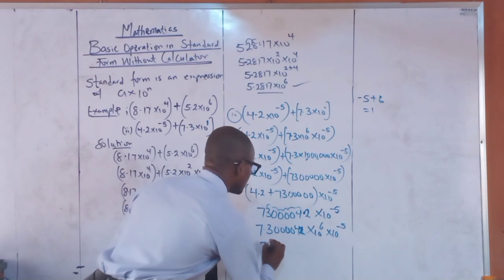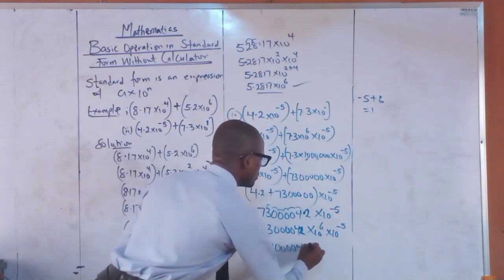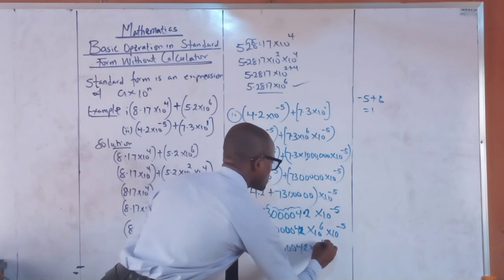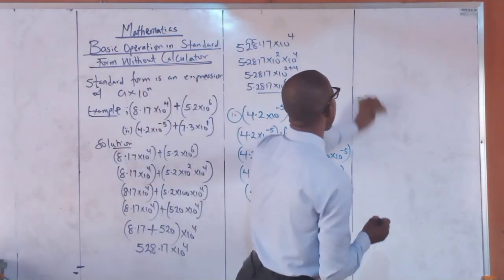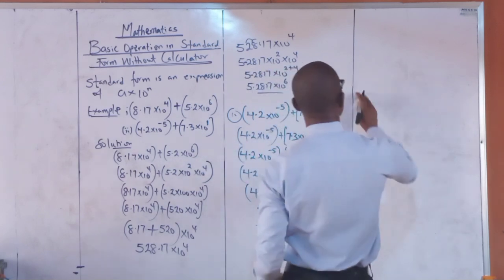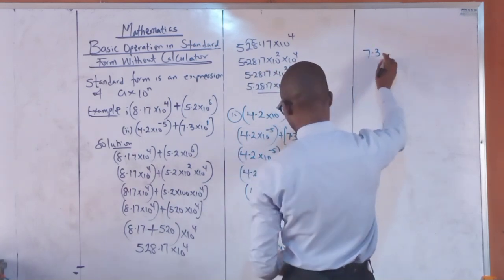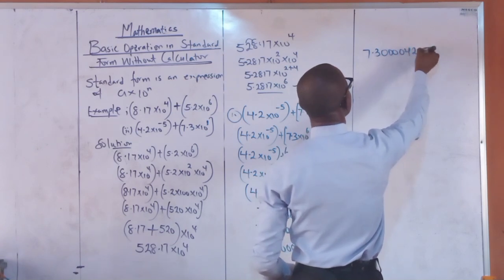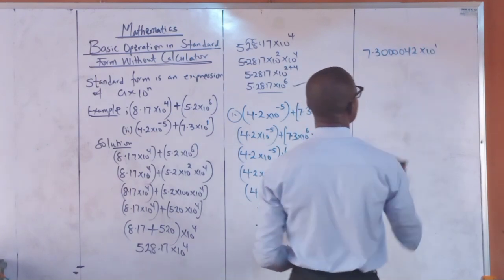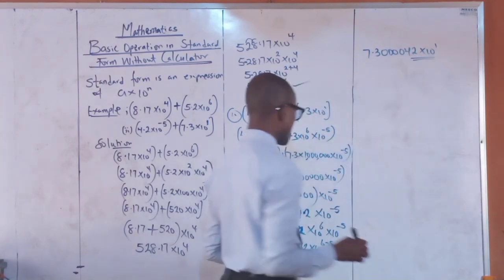That's 7.300042 times 10 raised to the power 6 minus 5. Then our answer will be 7.300042 times 10 raised to the power 1. And that is our final answer.